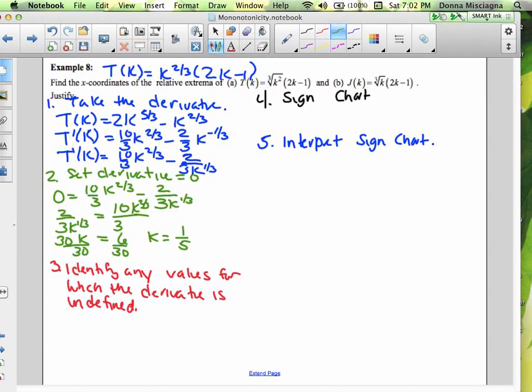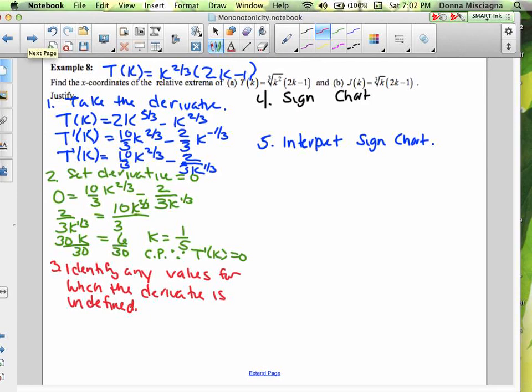There's one of our critical points. This one's a critical point because t prime of k is equal to 0. We have another critical point, which is why I didn't write anything below number 3, because our function is undefined in one place.